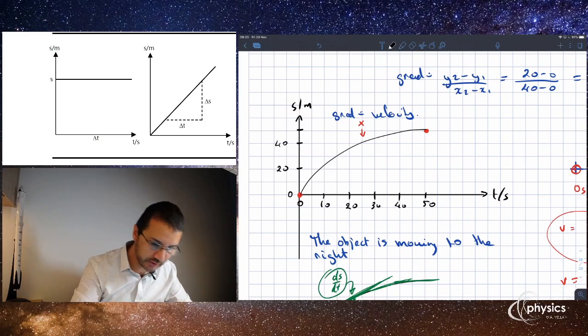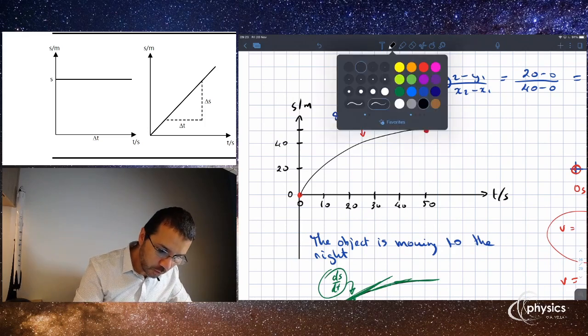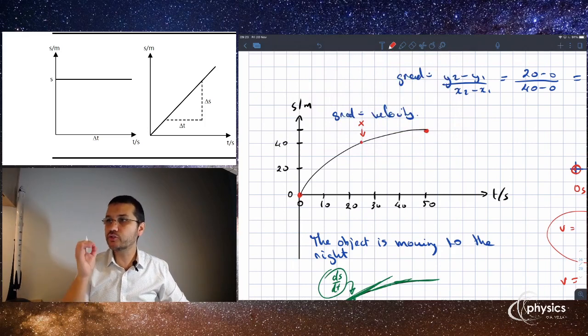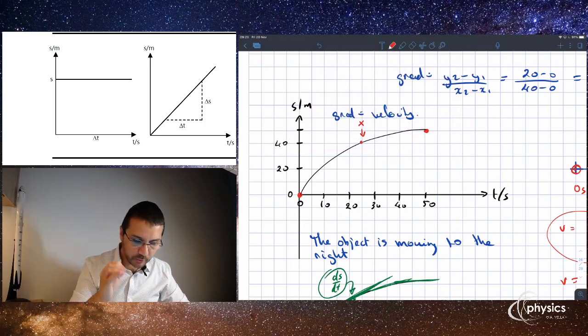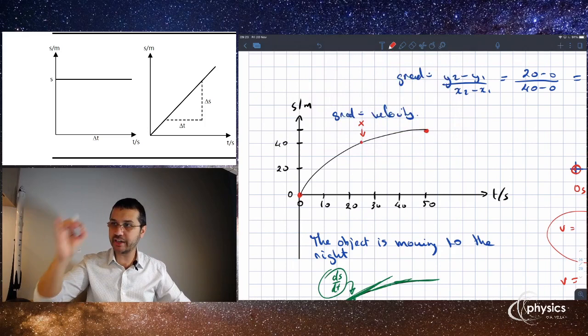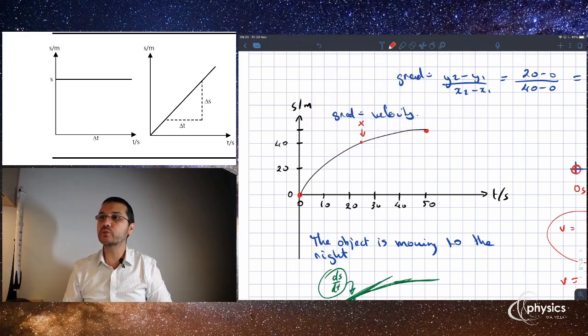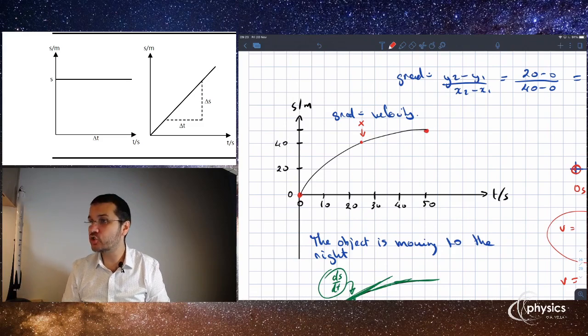How are we going to do this? What we're going to do is literally draw the slope of the graph at that point. So if I want to find the velocity at point x, so it's the instantaneous velocity at point x, I'm going to draw a tangent.